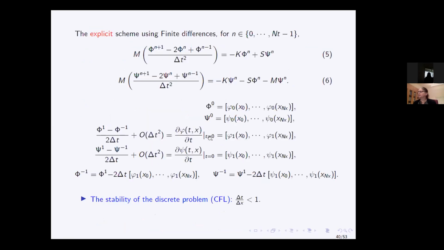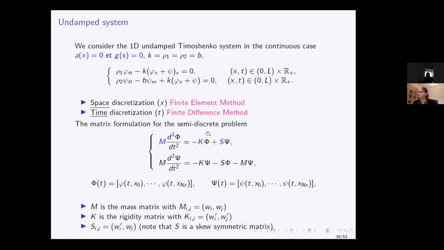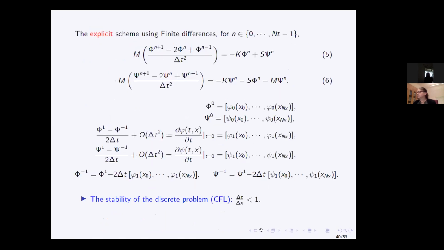The matrix formulation of the semi-discrete problem is given as follows, such that M is a mass matrix, K is a rigidity matrix, and S is a skew symmetric matrix. In order to do the complete discretization and the time discretization, we used an explicit scheme given as follows.